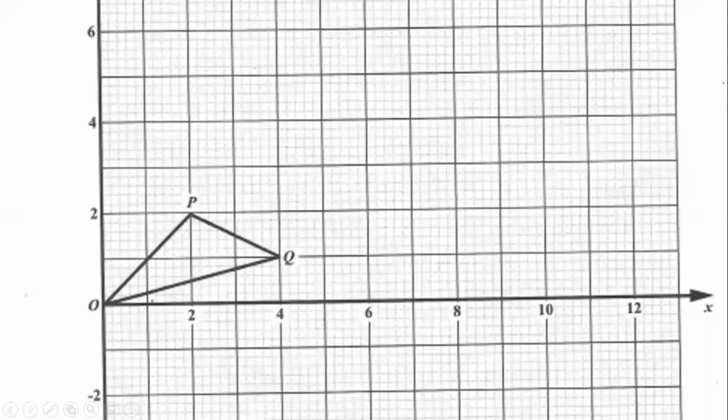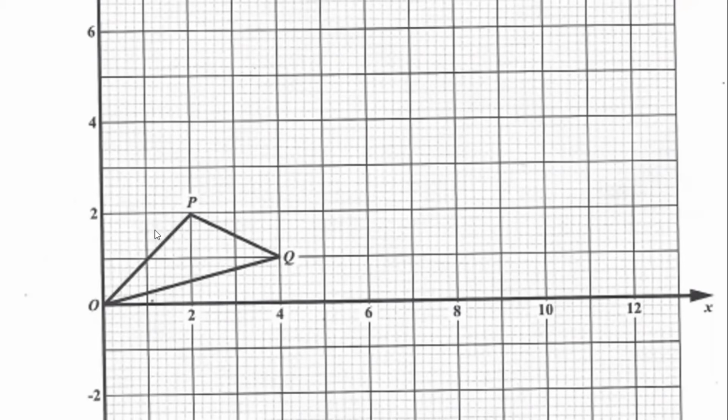So when we reflect an object in the x-axis or in the line y equals 0, our x values remain unchanged and our y values are multiplied by -1.